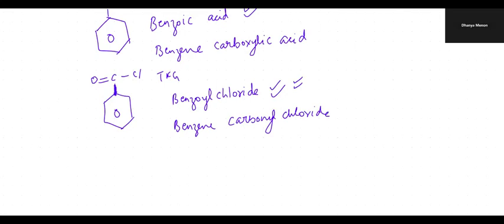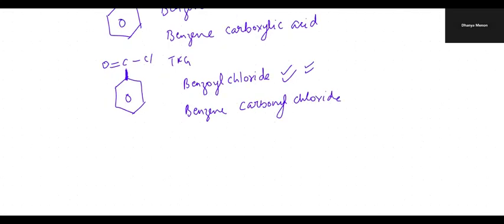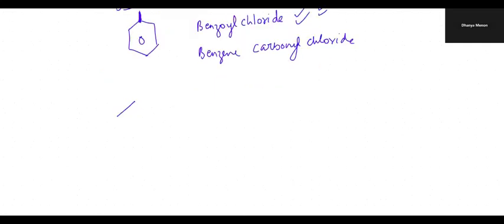Again, the next compound is CONH2, amide. Here also, the more common IUPAC name is benzamide, and because this is also a terminal functional group, the carbon is directly connected to the ring.